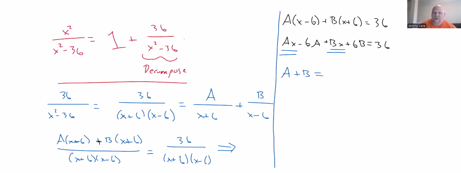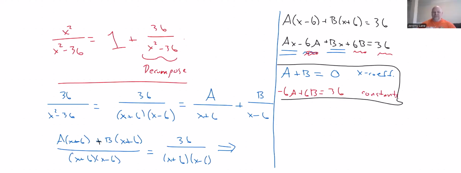These are the x coefficients. There's no x over here, so 0 is its coefficient. And then we're going to have minus 6A and plus 6B have to be 36. So minus 6A plus 6B is going to be equal to 36. These are the constants. And this is our system that we're solving.